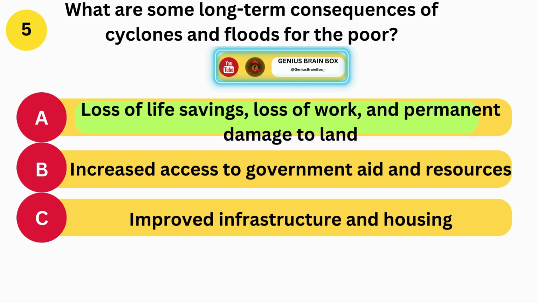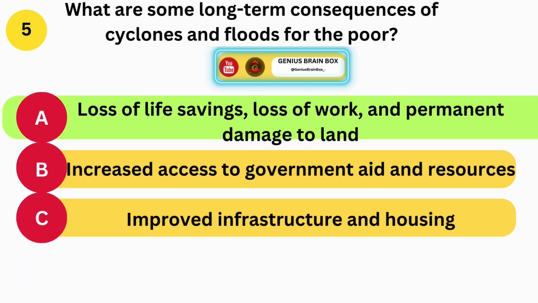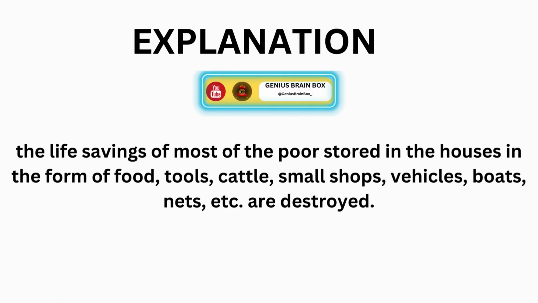Correct answer is... Explanation. The life savings of most of the poor stored in the houses in the form of food, tools, cattle, small shops, vehicles, boats, nets, etc.